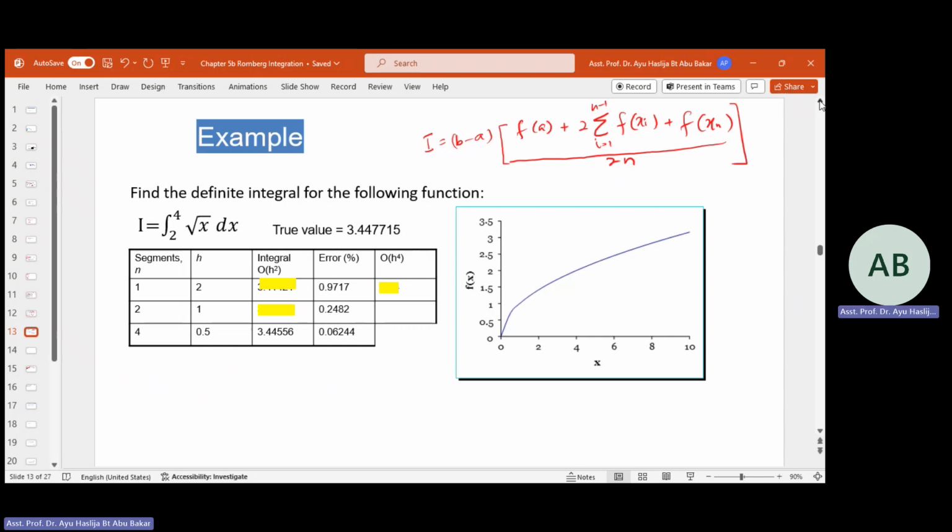Now we go step by step. It asks you to find the definite integral for the following function. This is the given range: A is 2, B is 4.